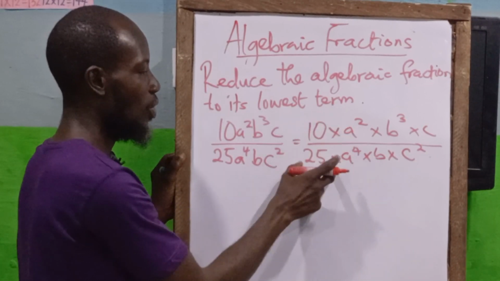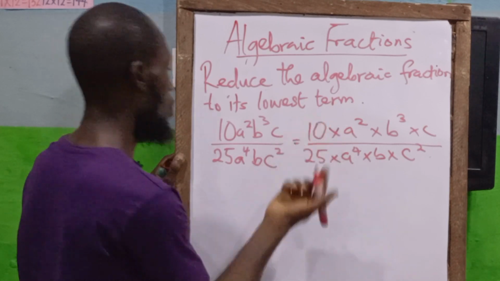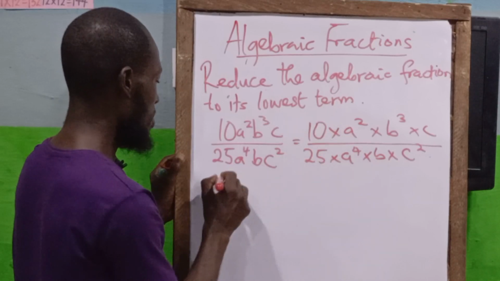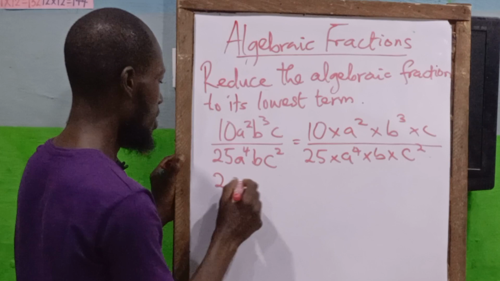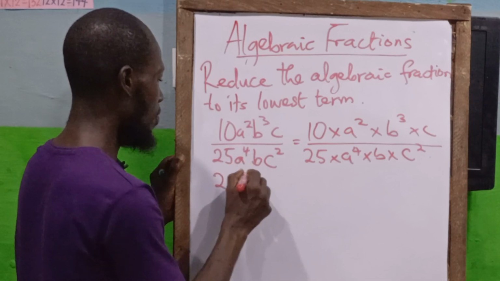The common factor for 10 and 25 is 5. So we can express 10 as 5 times 2.